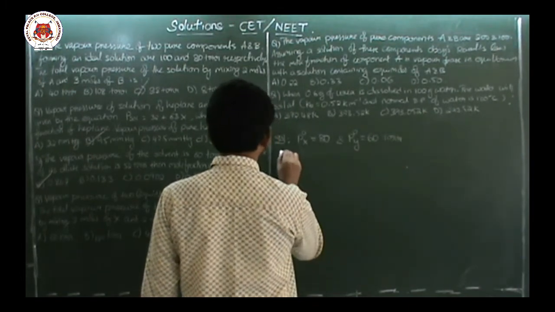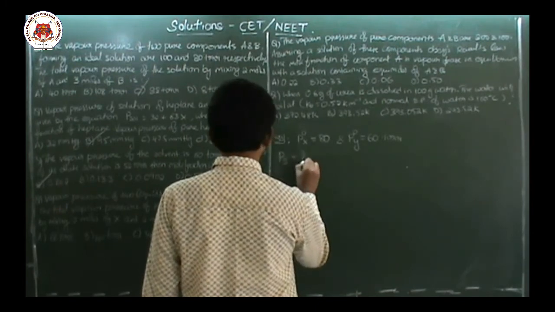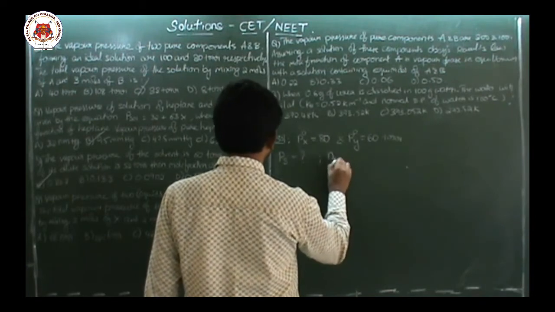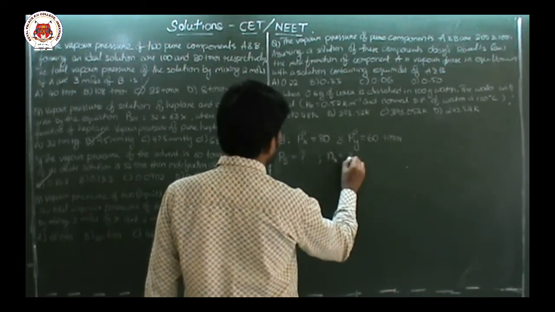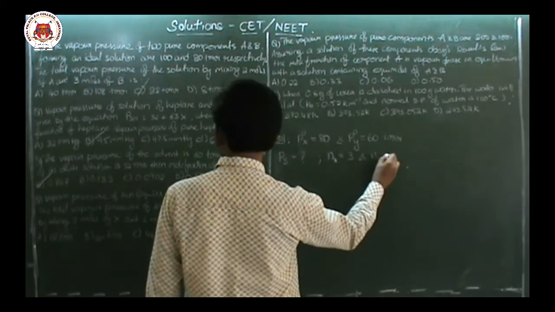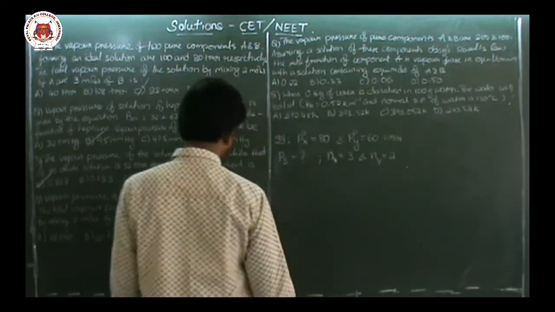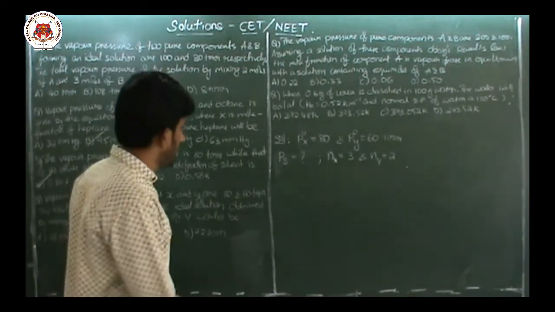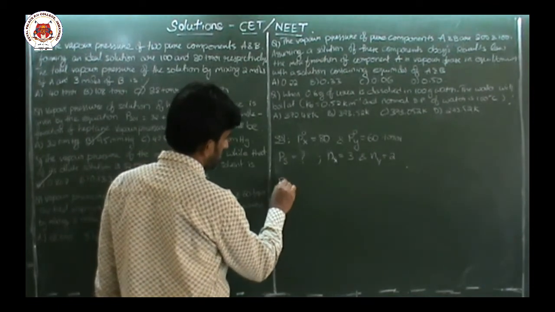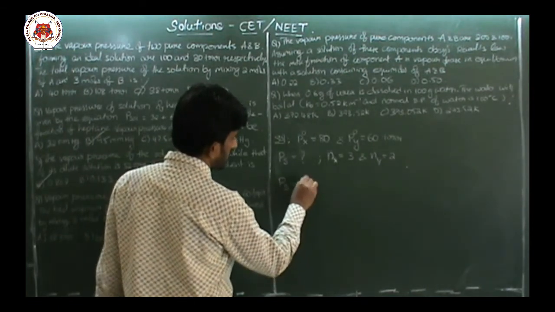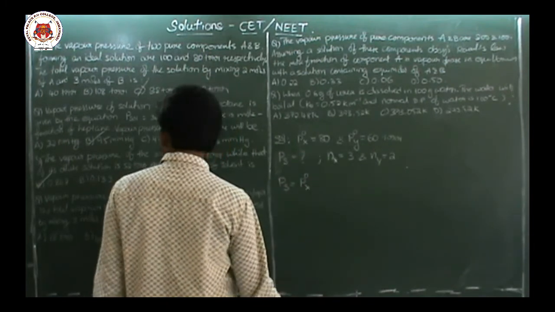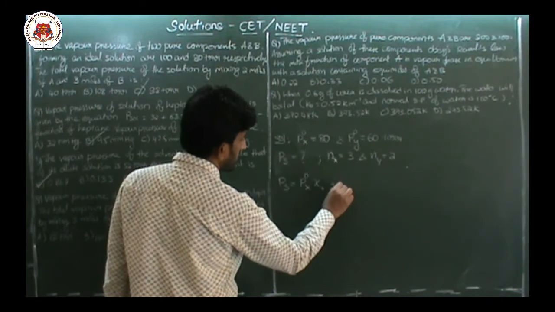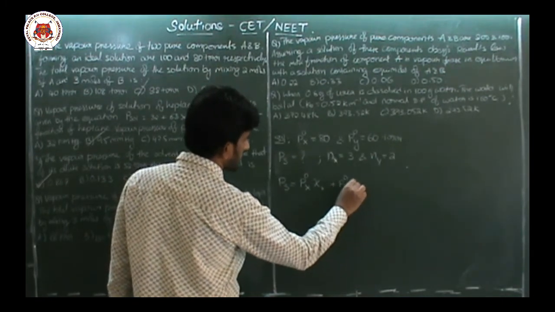They are asking the pressure of the solution, provided the number of moles of X is 3 and the number of moles of Y is 2 moles. Now this is again Raoult's law with two volatile liquids. So the pressure of solution, or total pressure, is equal to P naught X into mole fraction of X plus P naught Y into mole fraction of Y.